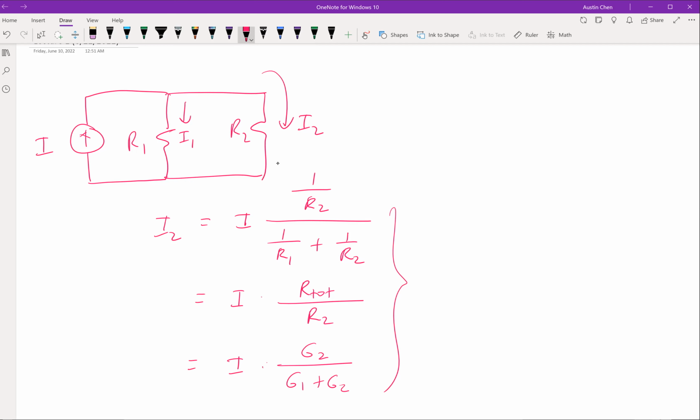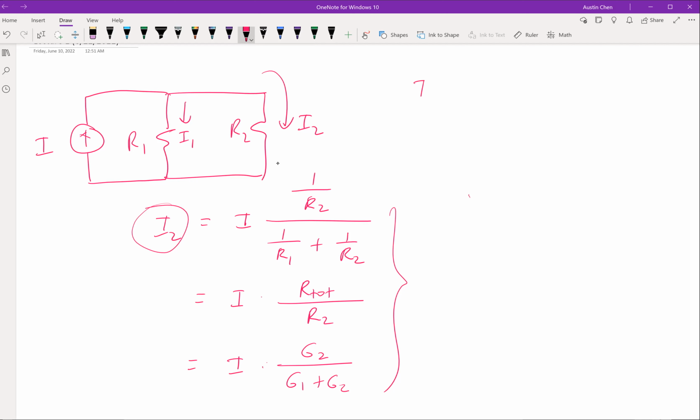Now I'm going to show you another quick and easy technique for you to calculate this I2, which may not be the same as one of these equations.